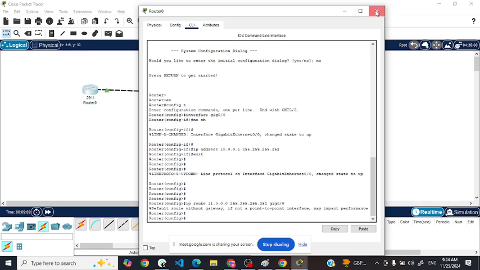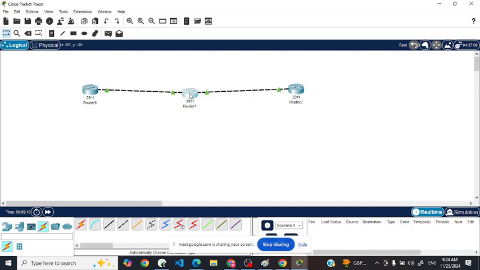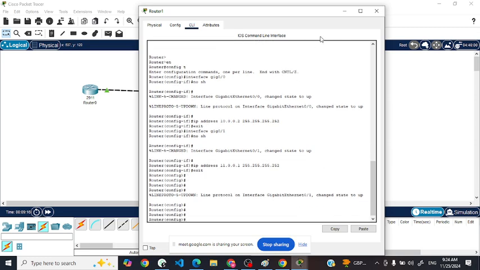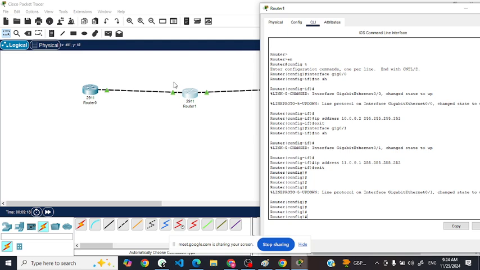So now I am going to this router. This is gig 0/0 and this is gig 0/1. So what should I write here?